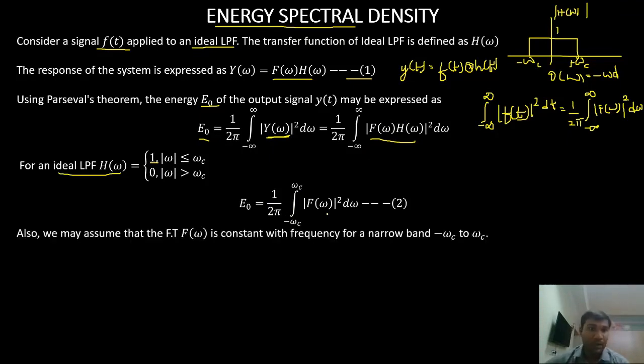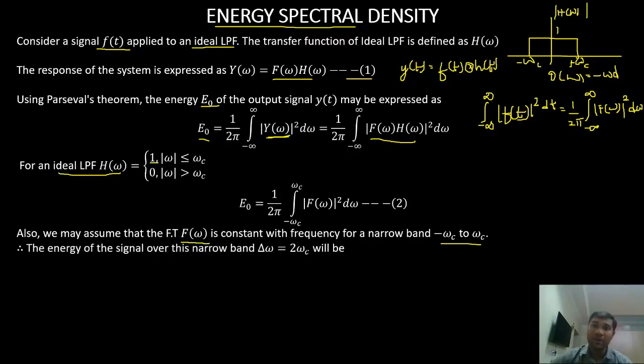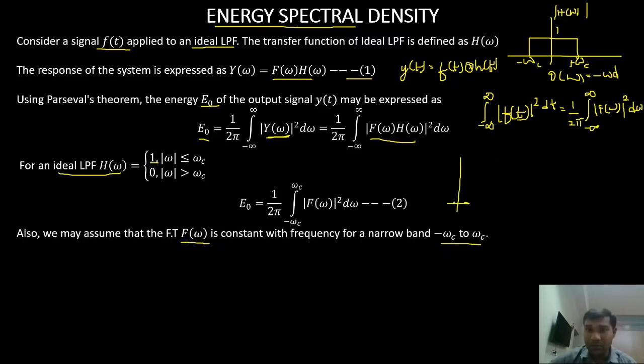Now the Fourier transform F of omega is assumed to be a constant with frequency for a narrow band of omega, from negative omega c to plus omega c. What I am assuming is that this band, negative omega c to omega c, is very narrow.